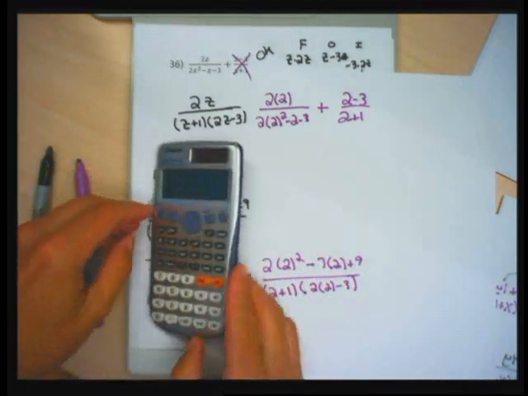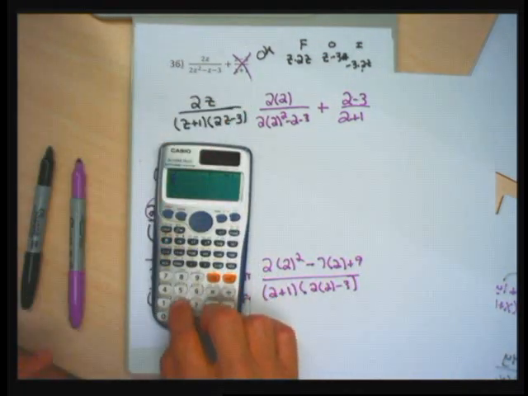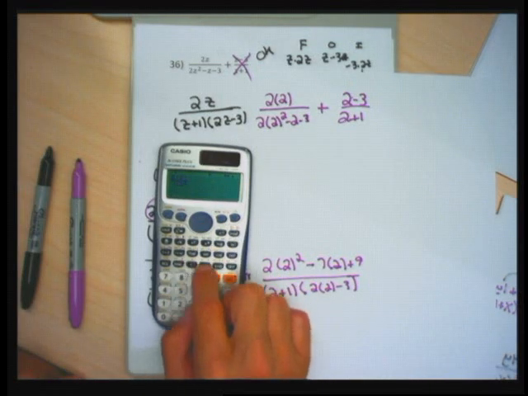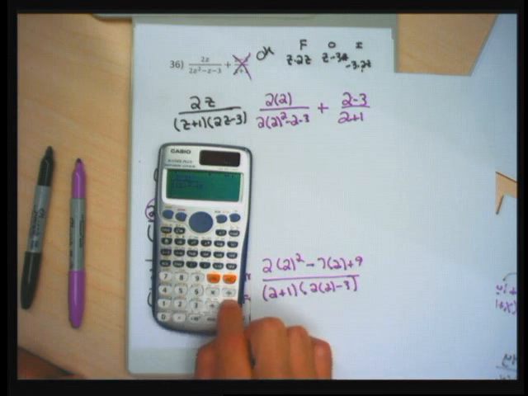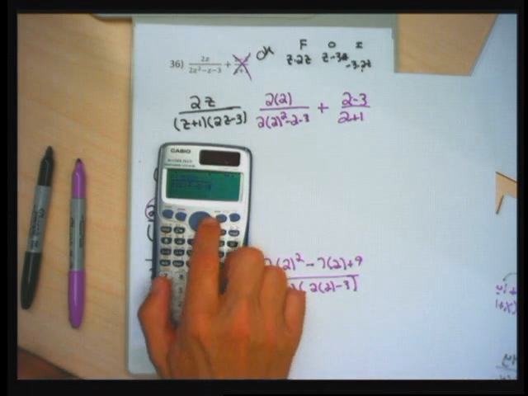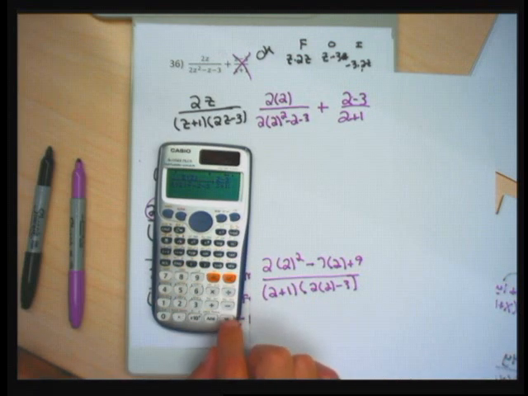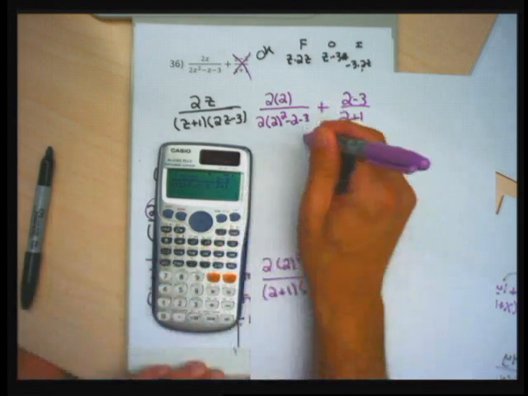Really wearing out. So the fraction over here, 2 times 2 over 2 times 2 squared minus 2 minus 3, plus the fraction 2 minus 3 over 2 plus 1, and I get 1. Wow.